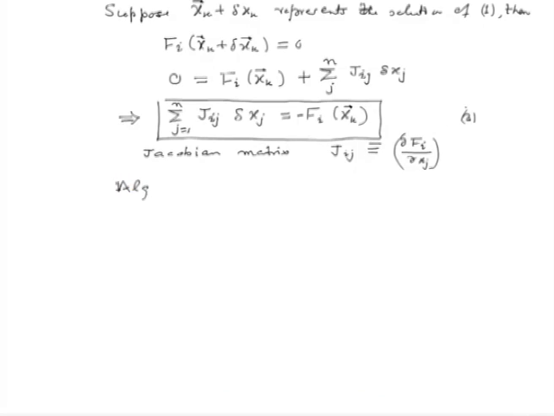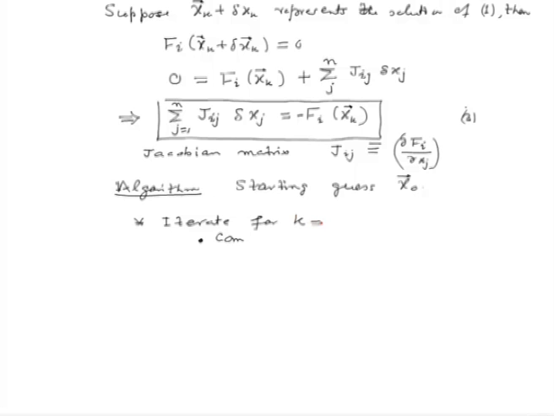The solution algorithm is, let us say, start with a starting guess vector x0, then we iterate. In the iteration process, what do we do?